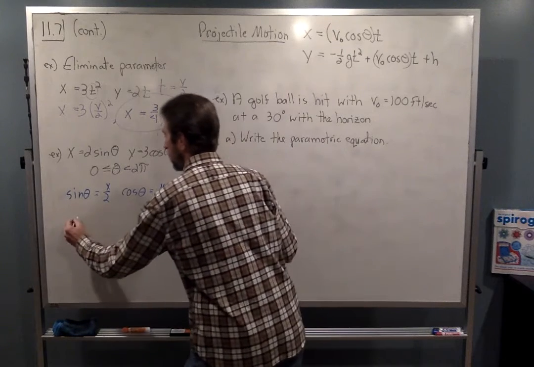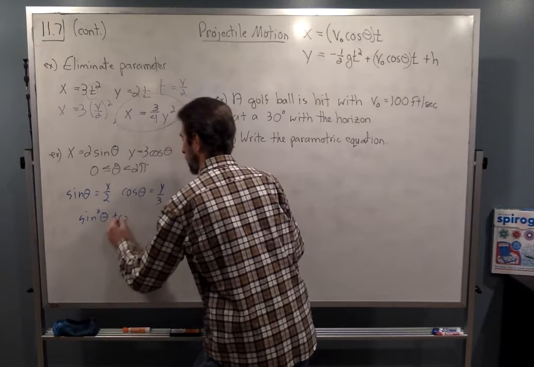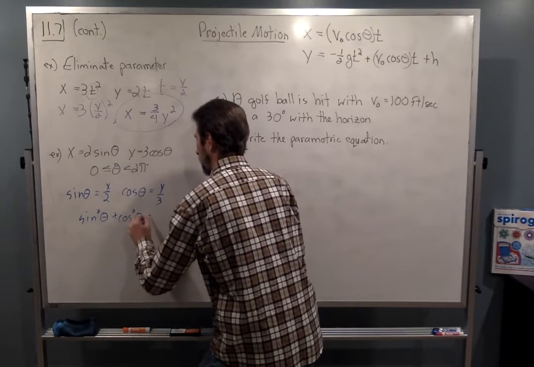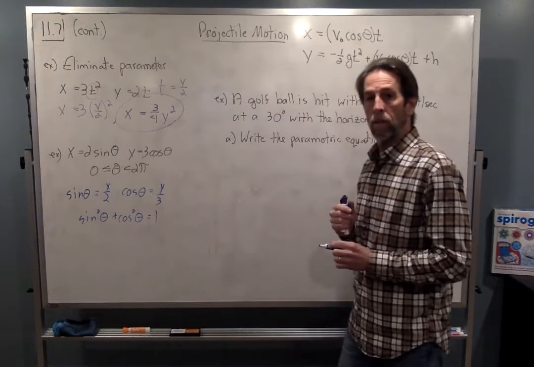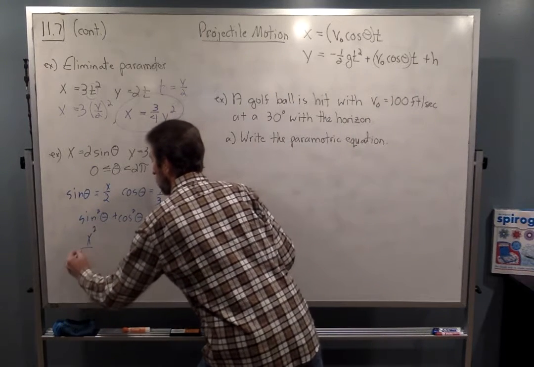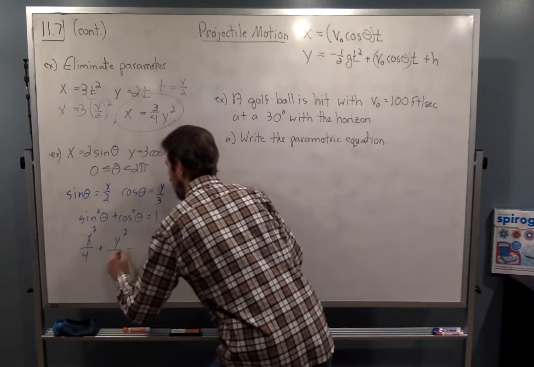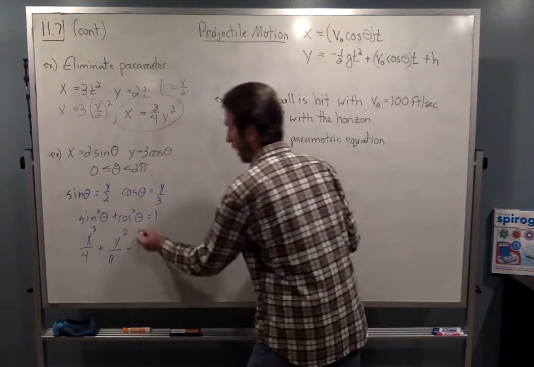Now I know that sine squared of theta plus cosine squared of theta equals 1. So now I'm just going to make a substitution. That's going to be x squared over 4 plus y squared over 9 equals 1. And we know what that is.